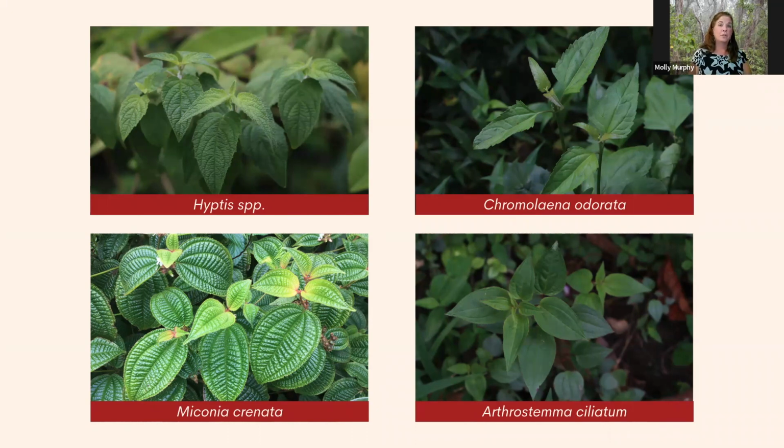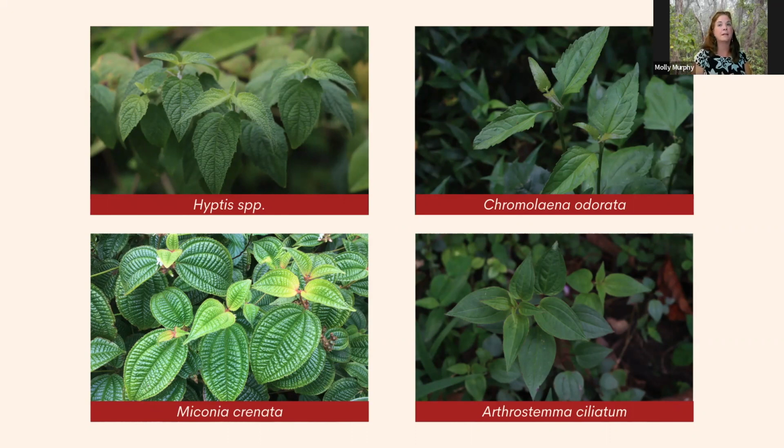If we go to the bottom left, we have Miconia crenata, which used to be Clidemia hirta, but is known as Koster's curse. It has the same longitudinal veins as Chromolaena odorata, but you can tell looking at the Miconia crenata leaves that they're more teardrop shaped, less triangular, and have a really prominent quilted pattern.